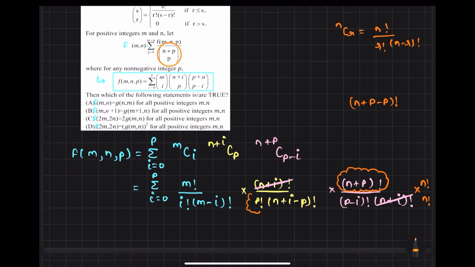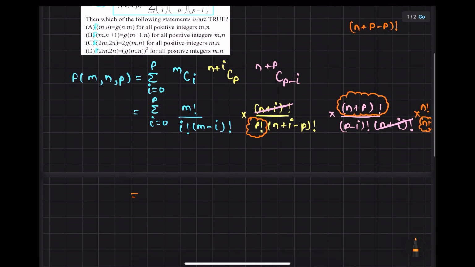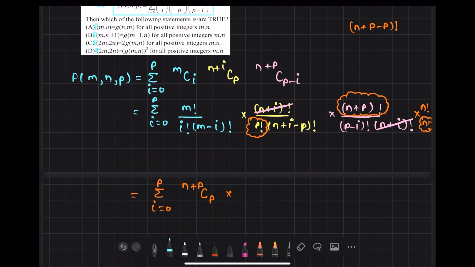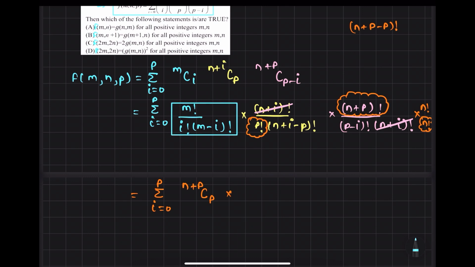So this bubble and this bubble will get clubbed and will produce, i starts from 0 to p, it will become (n plus p) C p. Okay, now look at this, we haven't disturbed this component, so we will write that thing as it is, mCi.